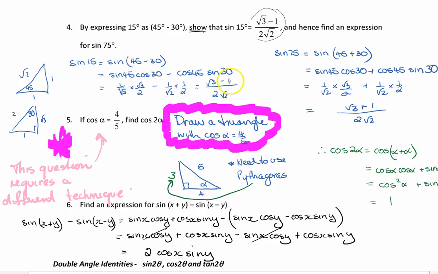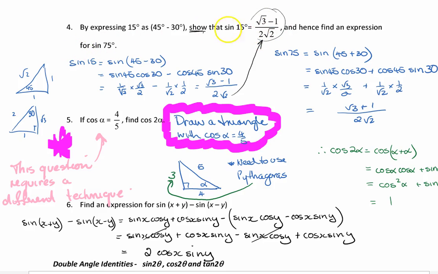It's called 2 root 2, and I'm really confident with that because when I go back and check where I'm heading, the denominator is 2 root 2, and I've got root 3 minus 1 as the numerator. So I was able to show that the sine of 15 is in fact this fraction.